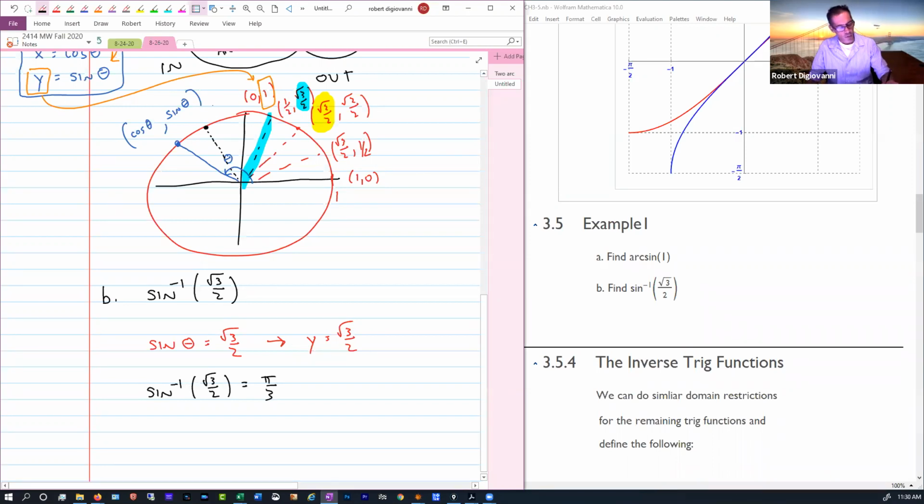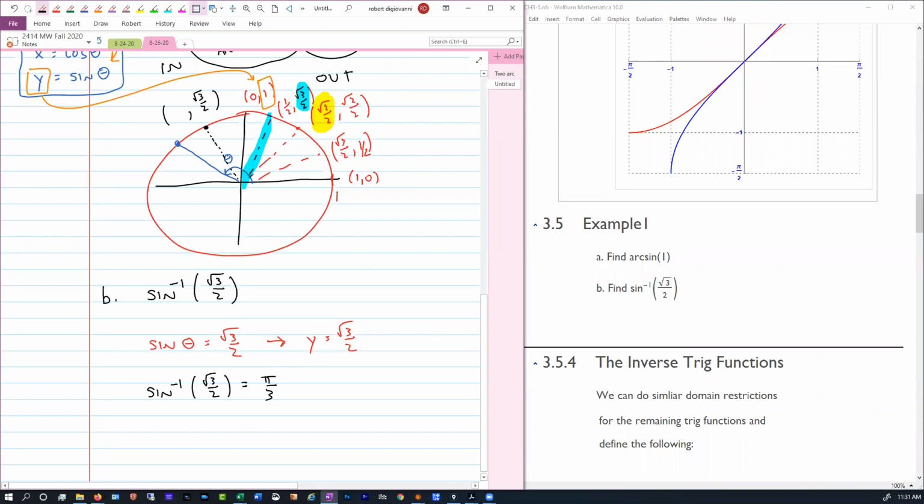The y coordinate there is also root 3 over 2. So why is the answer not 120 degrees? Why is it pi over 3 or 60 degrees? Why is it not? Because it's the inverse sine. Because you're in the first quadrant.